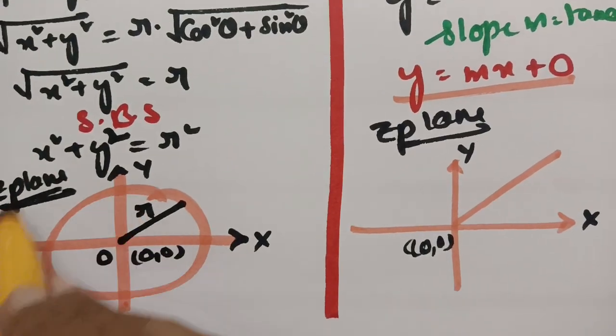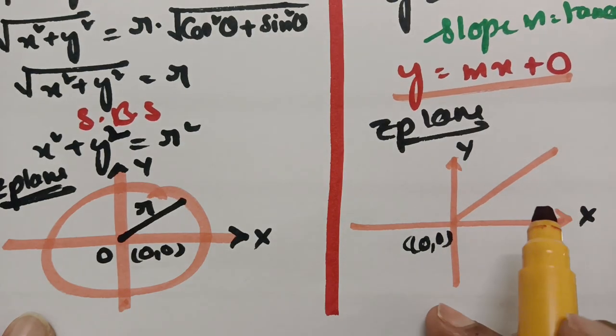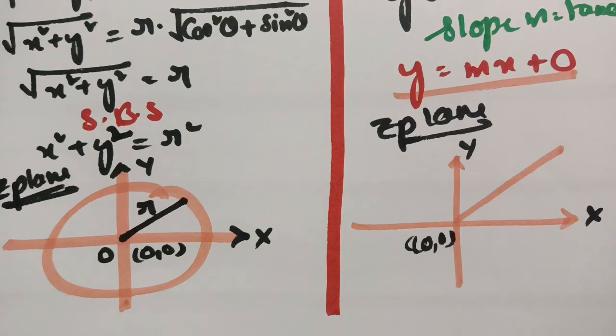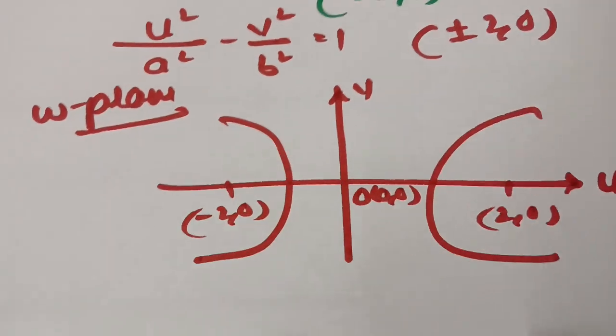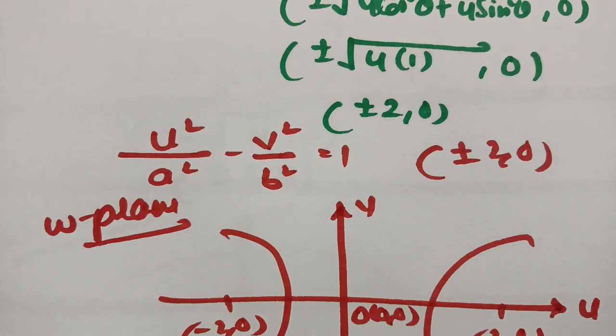The first shape in the Z plane is the circle and the second is the straight line. And this is an ellipse and this one is the hyperbola. The diagram here is very, very important.